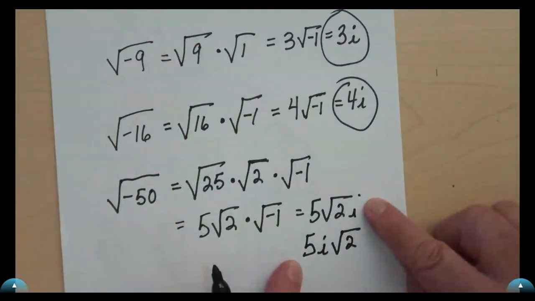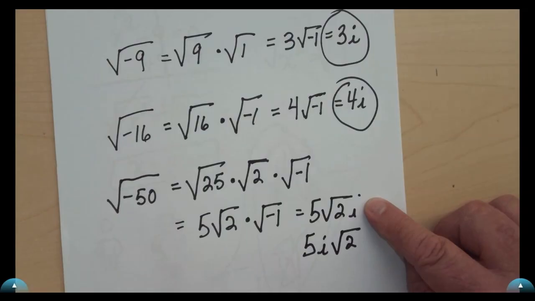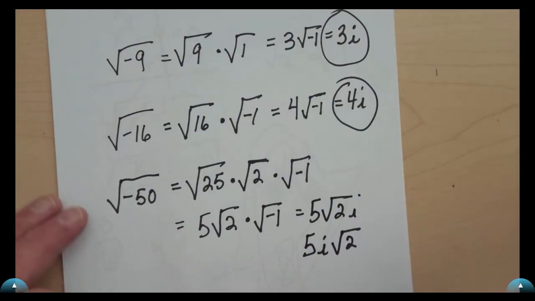These are the same thing, because remember, multiplication is commutative. 2 times 3 times 4 is the same as 4 times 2 times 3, or whatever order you want to write it in.